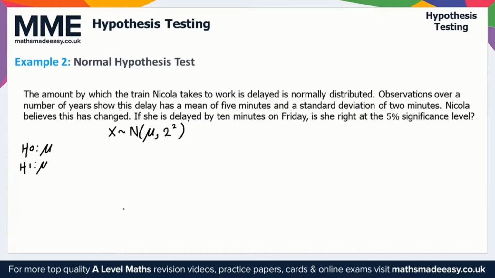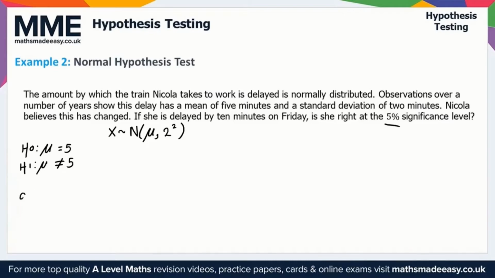Okay? So in that case, using the evidence we've been given, she believes the delay has a mean of 5 minutes. So we're saying mu is equal to 5, and as this is two-tailed, that's going to be not equal to 5.